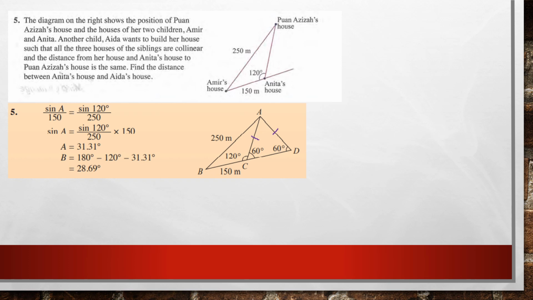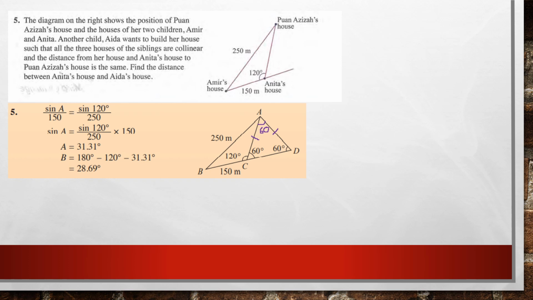And the angles should also be the same, 60 and 60. This angle, since this is a triangle, we take 180 minus 60 and 60, so you still get 60. So we can say that ACD is an equilateral triangle.